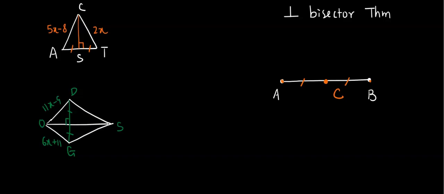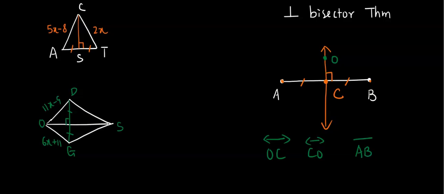Now, I'm going to create a line passing through this midpoint, also perpendicular to segment AB. I'm going to take another point on this line and call it O. Now, line OC, or line CO, is a perpendicular bisector of segment AB.